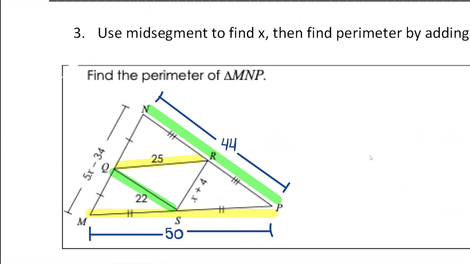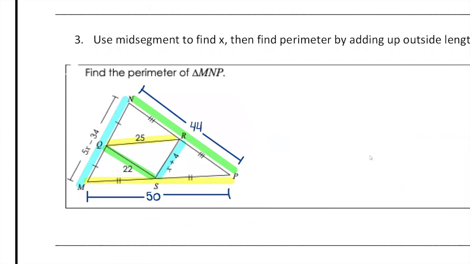All right, our last side, unfortunately, is not as simple as the other one. So we're going to set them equal to one another, but we've got to modify one because they're not congruent. You multiply the midsegment by 2.